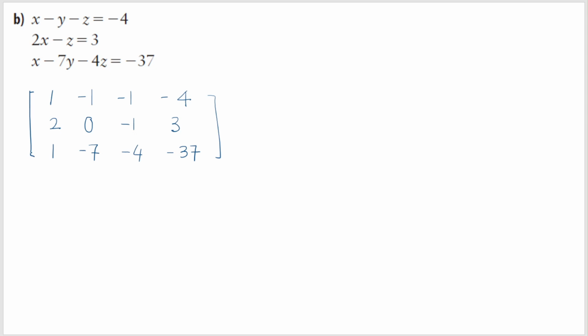And remember, we want to make this number 0 and this number 0 first, right? So first of all, we can use the first row times -2 added to the second row. The first row does not change.